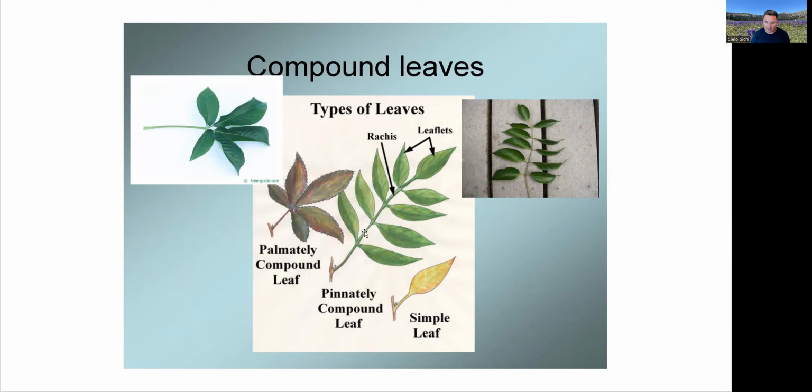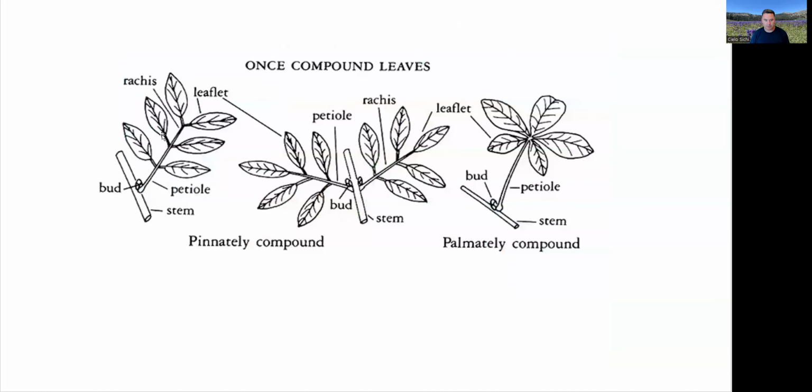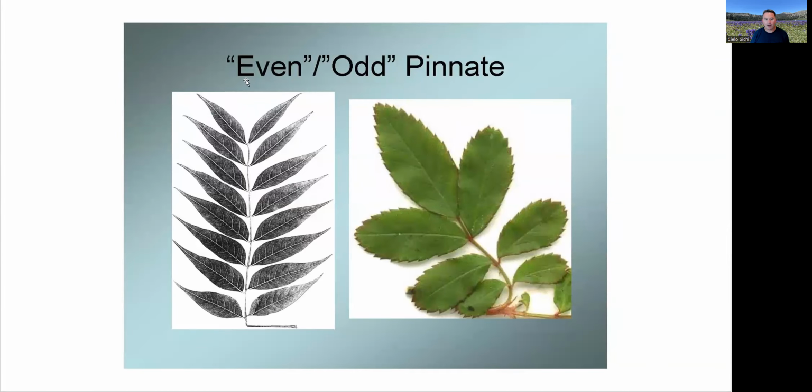So palmate compound, pinnate compound, simple. Now, there's a little bit of a difference. Both of these are pinnately compound. Here's another identifying characteristic: we've got even and odd pinnate. Even pinnate do not have a terminal leaflet.